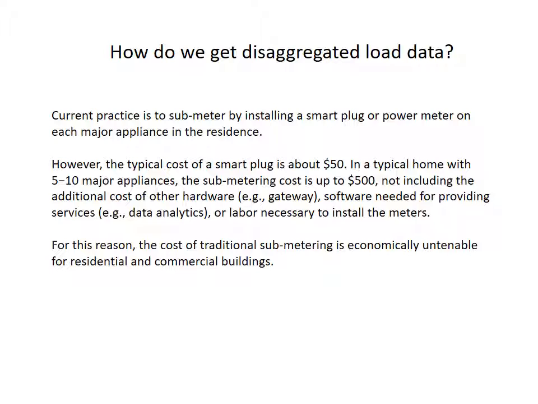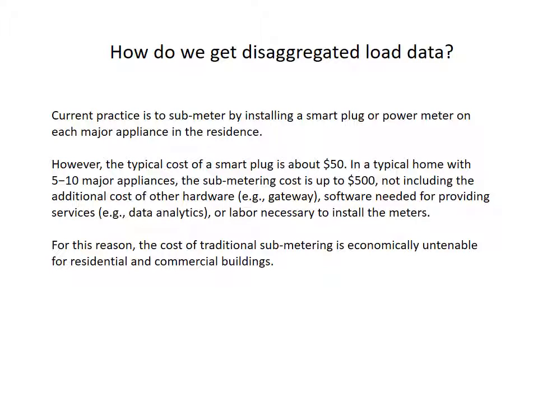Not individually, but if you need to put a smart plug, which costs about $50, on every device in your home, and a lot of homes have between 5 and 10 major appliances, then you're talking about a submetering cost of up to $500. And if you're trying to get a ubiquitous information flow, or at least adoption of smart metering and device level metering data, that's too much money.